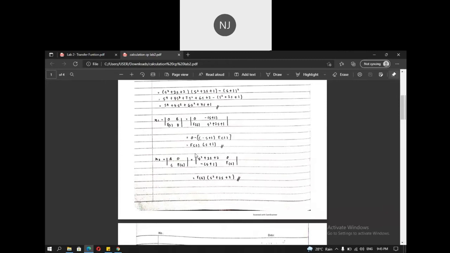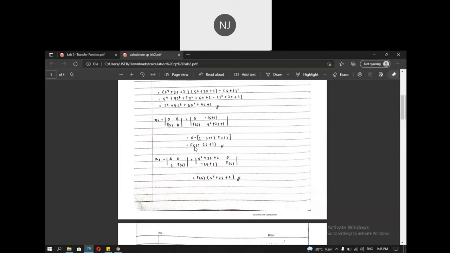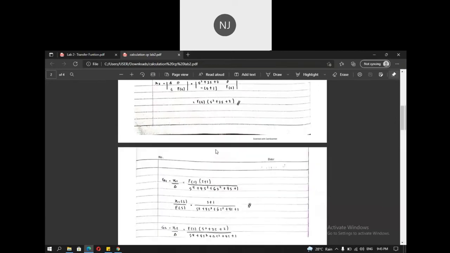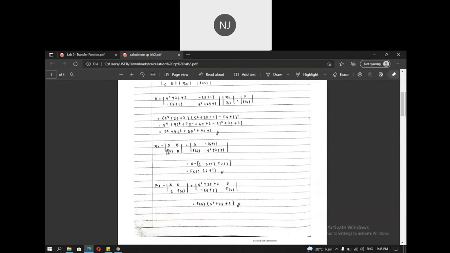Next, we use a matrix equation to solve for A, B, C, and D. We just put the values of A, B, C, and D into the matrix equation, then solve it until we get the results for x1 and x2.